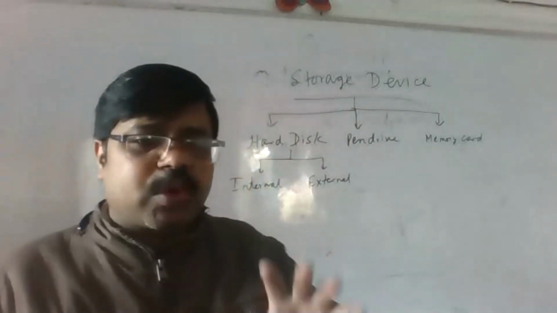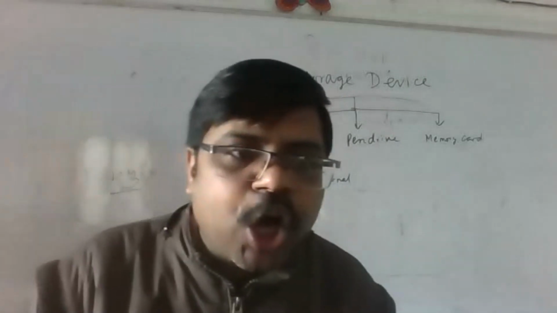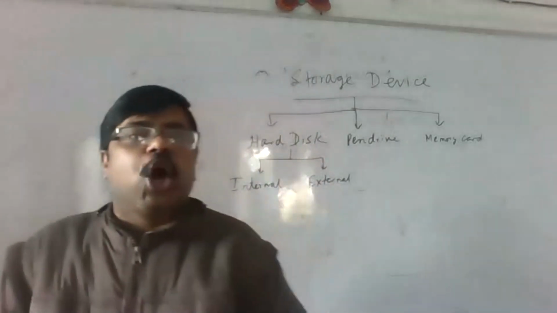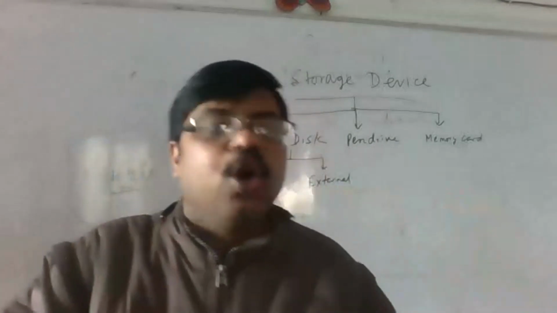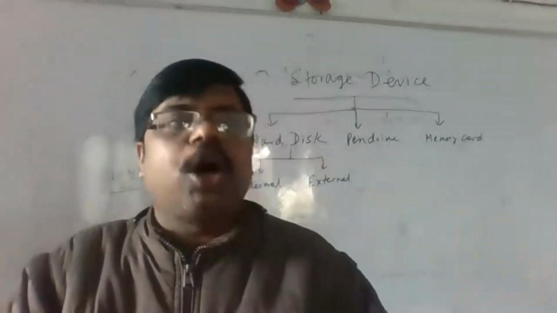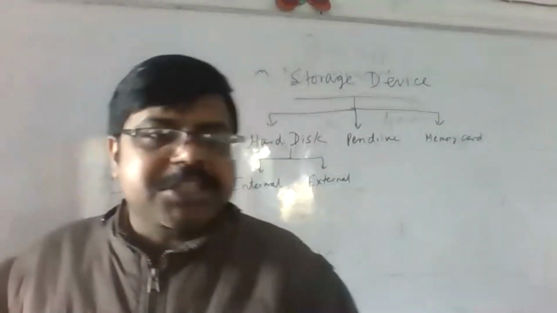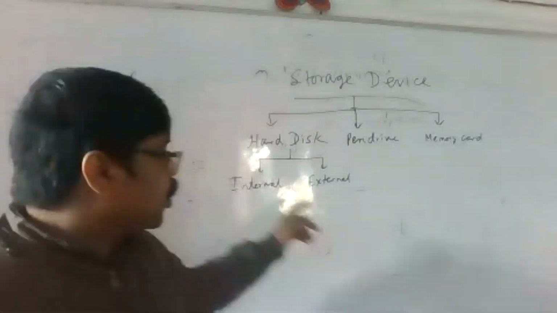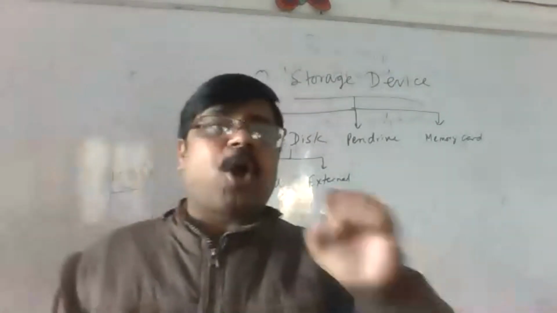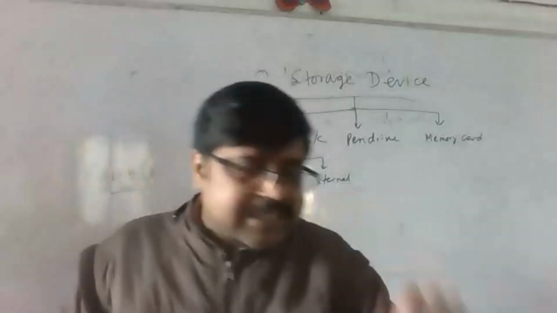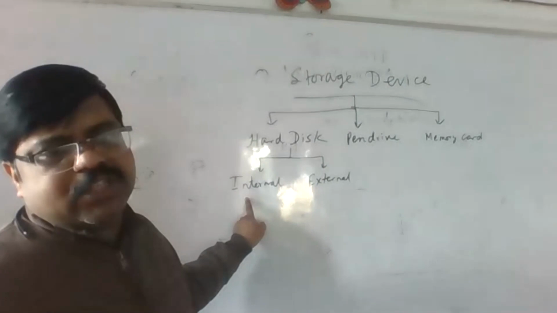Maybe some of the students have not seen the internal hard disk. Why? Because such type of disk is already available inside the CPU, or if I'm talking about the laptop, then inside the laptop. This type of storage device we never take out. If there is a severe problem in such devices, then we take it out, otherwise it remains fixed there.